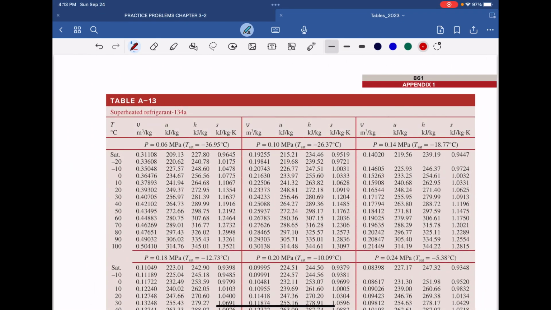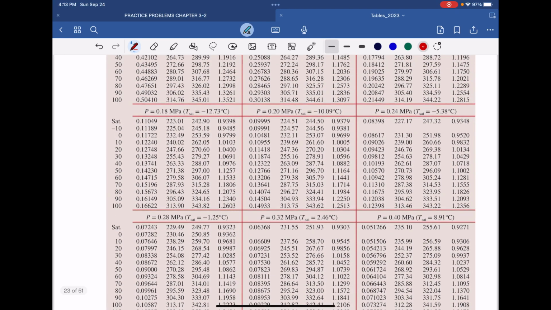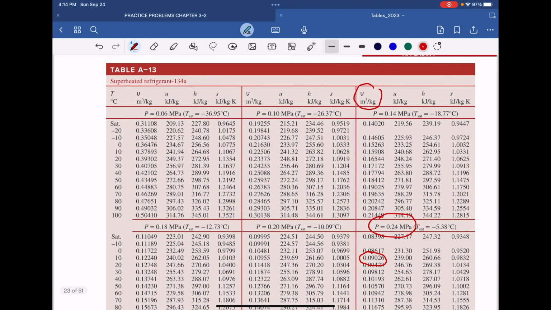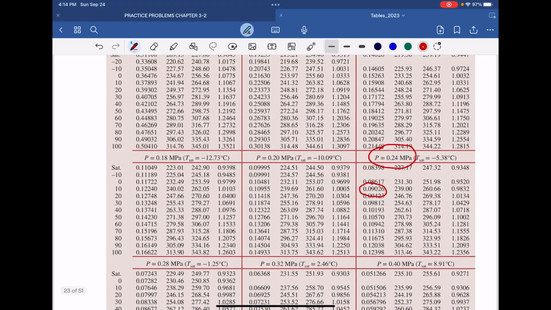Here our pressure was 240 kilopascal, which is 0.24 megapascal. Let's locate that. It's right there. And now we are looking at the temperature corresponding to 0.09 specific volume. So I see a number here under the specific volume column which is very close to mine, 0.09.